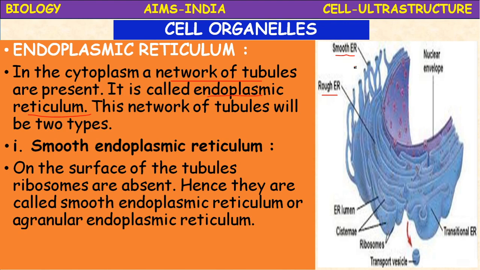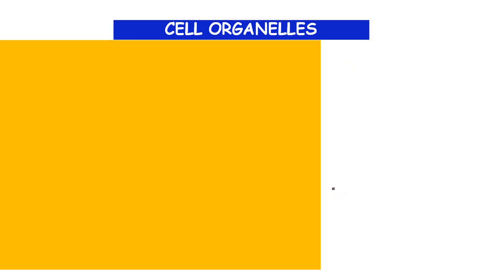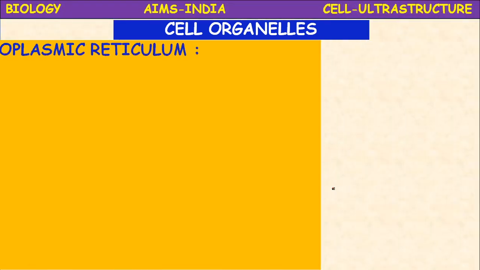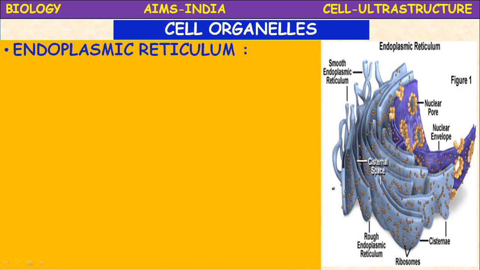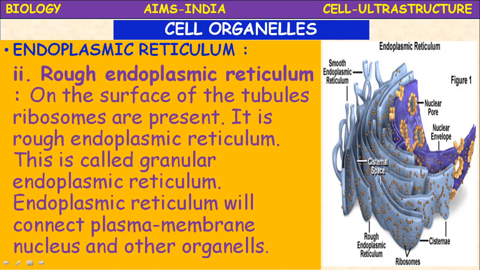To the nuclear envelope, this endoplasmic reticulum is attached. It exists in two forms, smooth and rough endoplasmic reticulum.